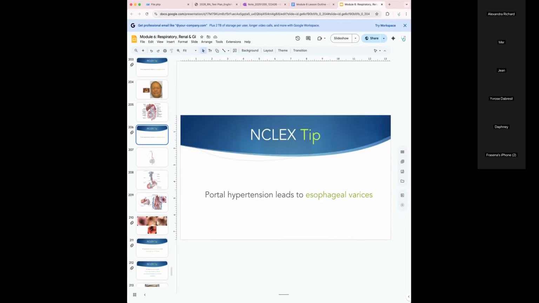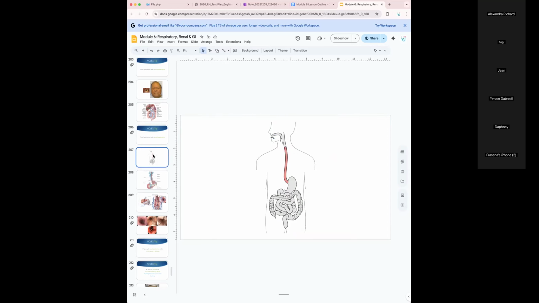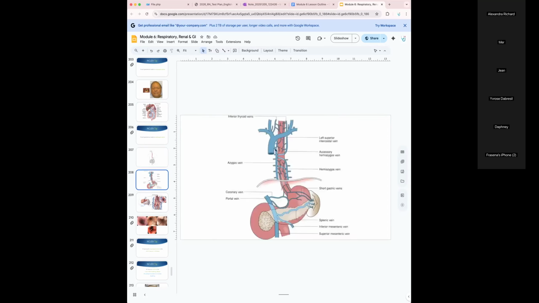Portal hypertension leads to esophageal varices. Here is our esophagus, and here are the veins of the esophagus. As we can see, the portal vein, and here would be the liver, right? The portal vein is connected to the veins of the esophagus.